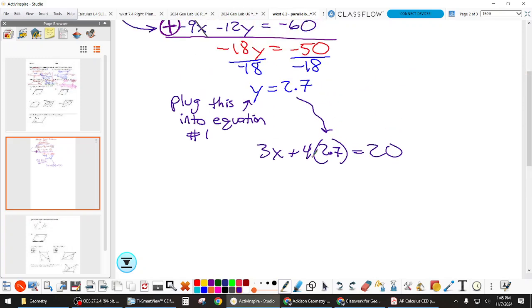Well, what is 4 times 2.7? What is that, 10.8, I think? Yeah, 10.8. Then we have to subtract it off. This part is just, excuse me, normal solving.